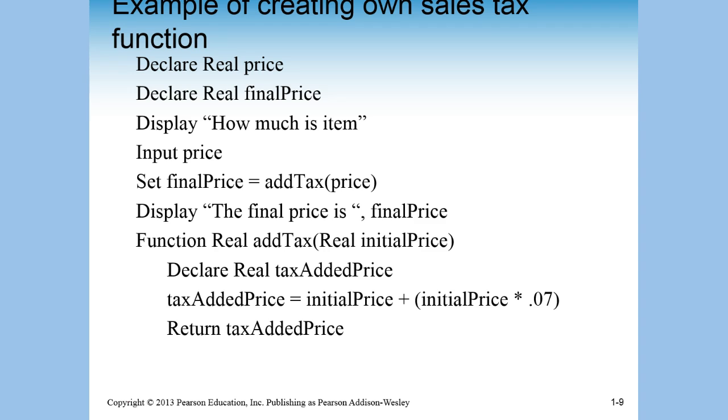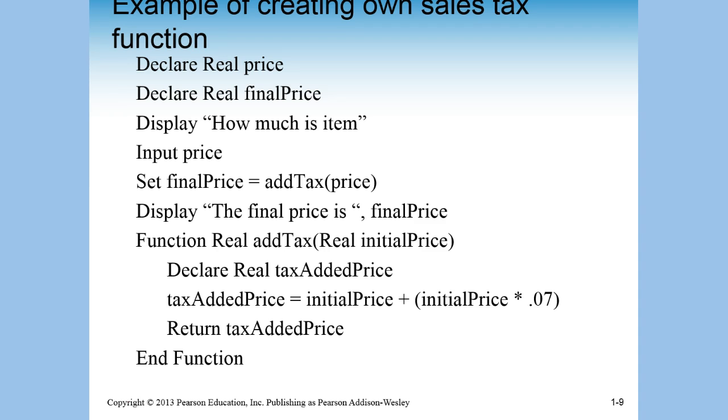In this case, the result of the tax added price calculation will get stored in the final price variable up in the body of the program. Once the function ends, the program returns to the set final price equals add tax line, and again assigns the return value to the final price variable.